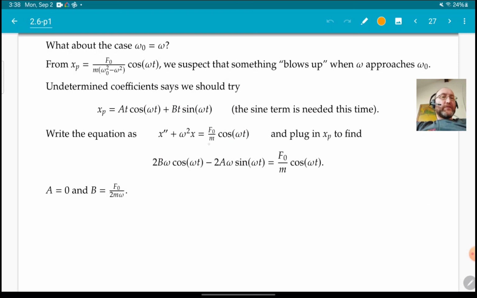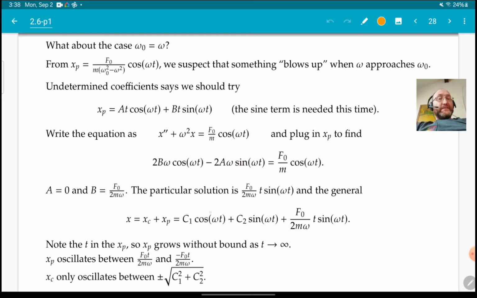And by the way, notice that I've divided by m both sides, just for convenience. So we plug that in, and we find that a is 0 because there's no sine term on this side. So this just disappears, and 2b omega is supposed to be f naught over m, so b is f naught over 2m omega.